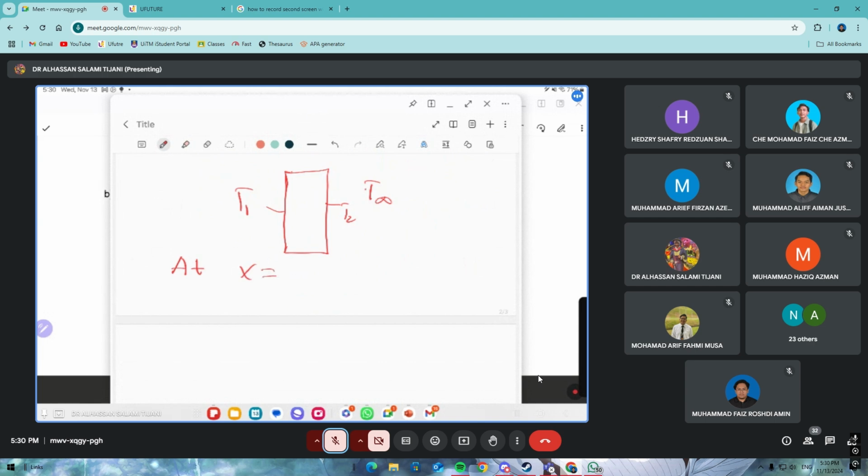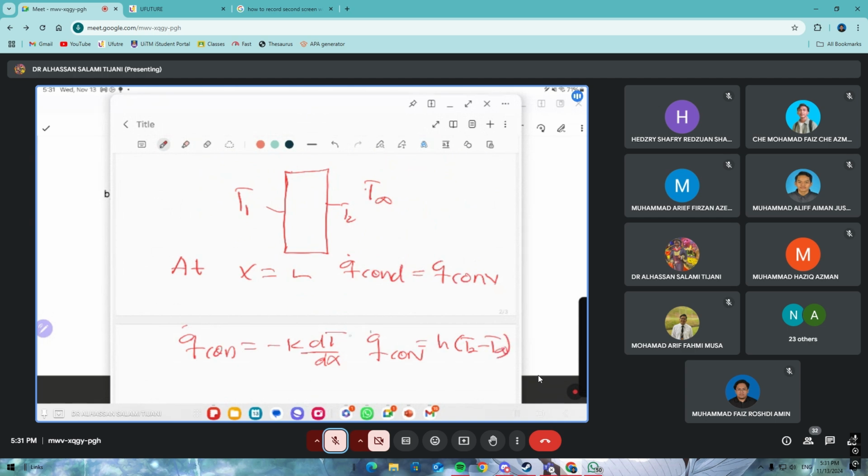X equals L, we have Q conduction equals Q convection. Okay, so now Q conduction equals minus K dT over dX, whereas Q convection equals h delta T, in other words, T2 minus T infinity.